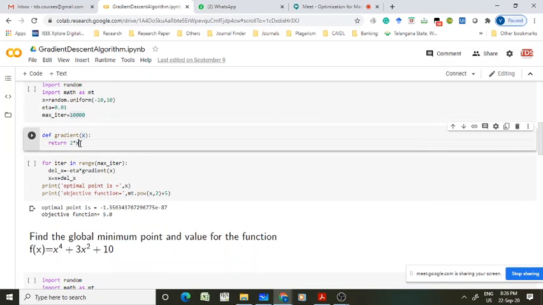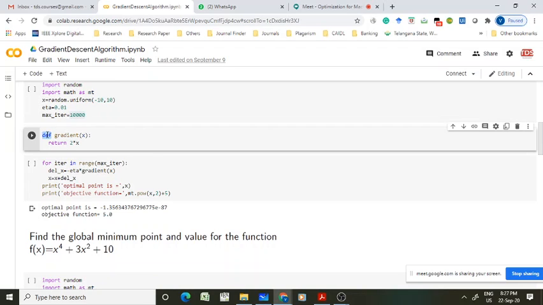If you try to remember your MATLAB, maybe some of you have done some exercises in MATLAB. In MATLAB, we use the function keyword, the name of the function, and we call the input parameters. In Python, we create the function like this. If you want to create a function, you have to start with def.